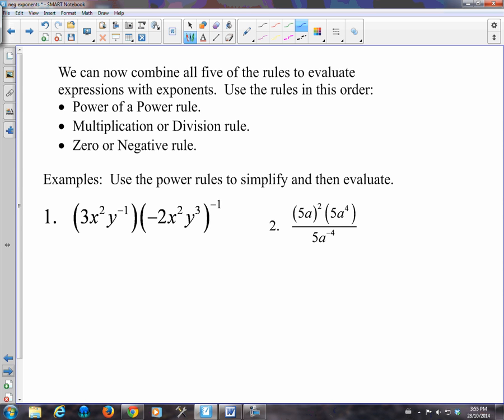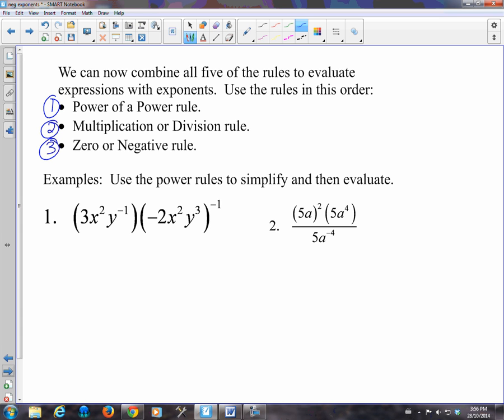Last thing, once we know all 5 exponent rules: multiplication, division, power, 0, negative. Once we know all the exponent rules, then we can use all of them to simplify. Be sure to use them in the right order. You want to use the power rule first, then multiplication and division, and then your 0 or negative rule.